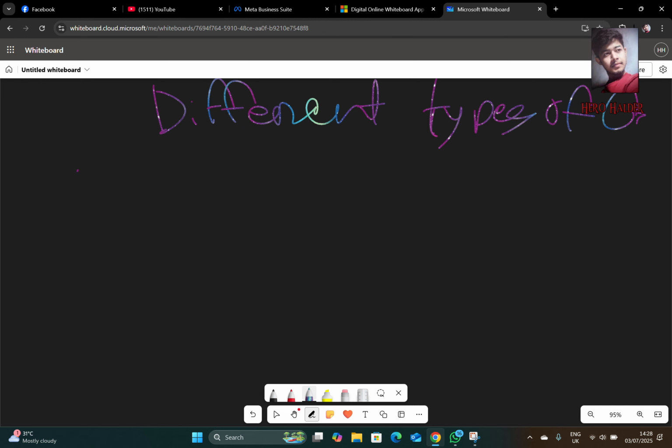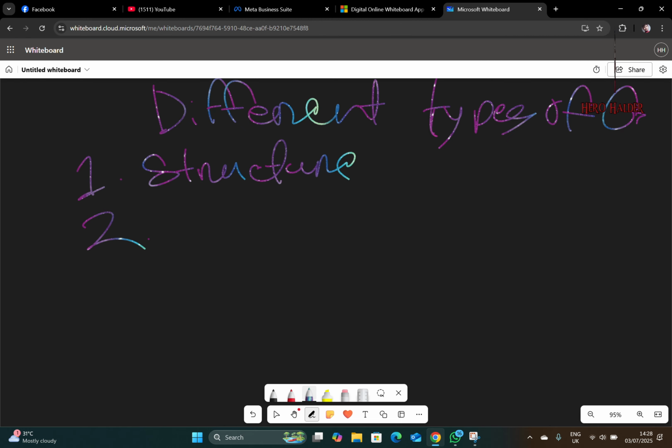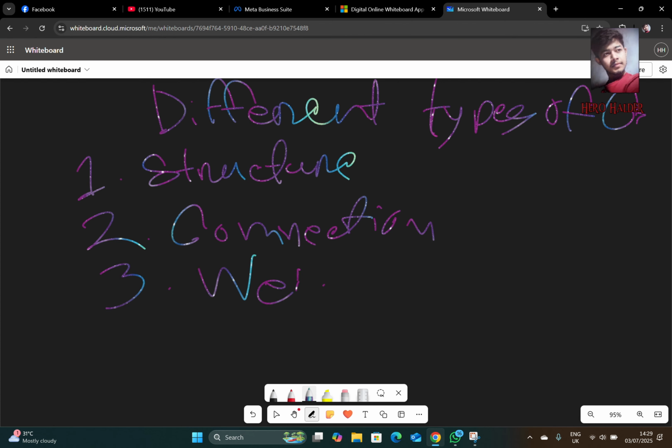At first, depending on its structure, secondly, depending on its connection, third, depending on its weight, and fourth, which is very important, depending on its special properties.